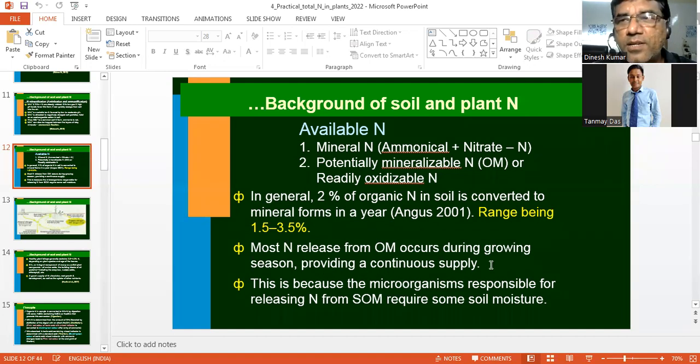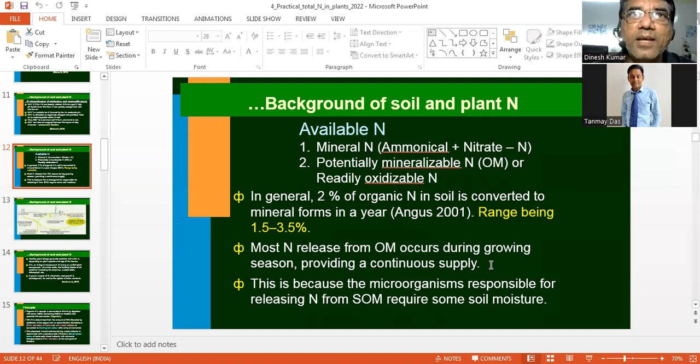Because in the growing season you have crop in the soil, the demand for nitrogen is also there. So nitrogen in the soil solution, or nitrogen which was part of cation exchange capacity or exchangeable nitrogen, will be taken up by the crop, and it will encourage further decomposition of organic matter, because these inorganic forms and organic forms are in equilibrium in the soil.